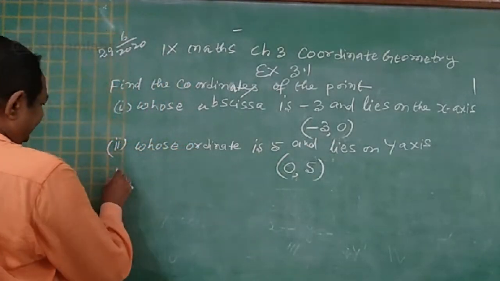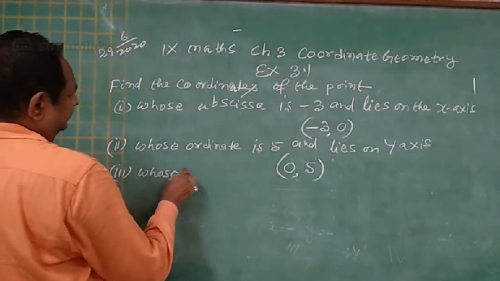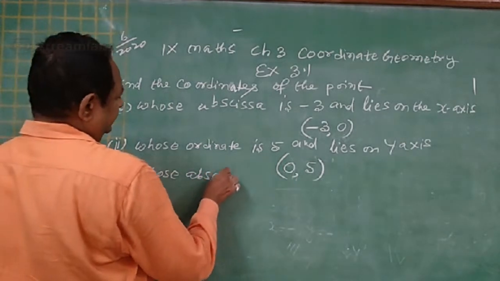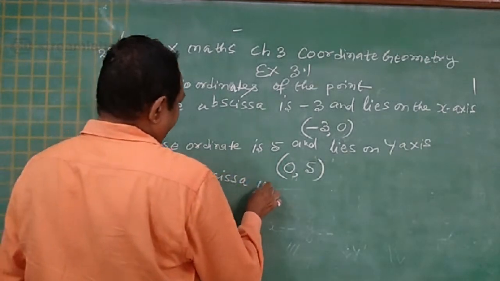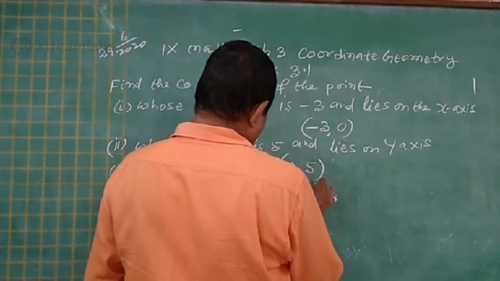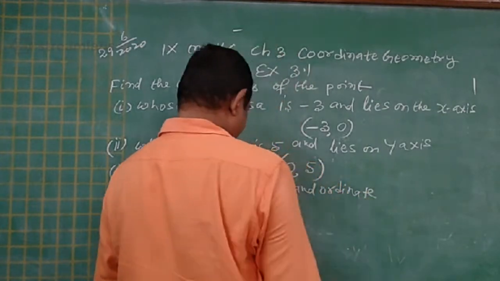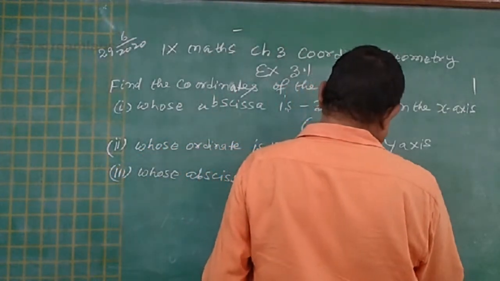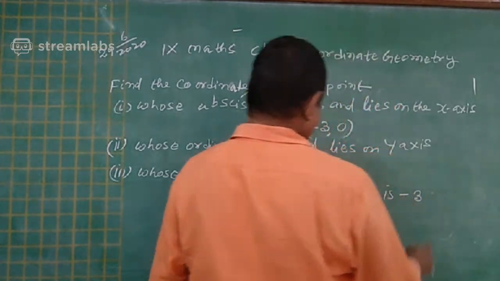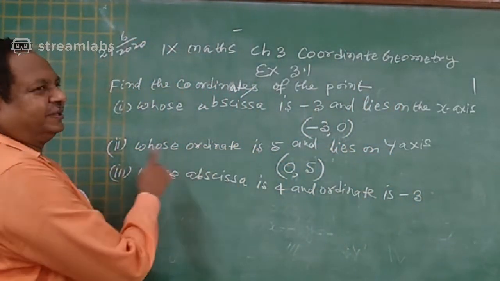Whose abscissa is 4 and ordinate is -3. So write the coordinate of this point.